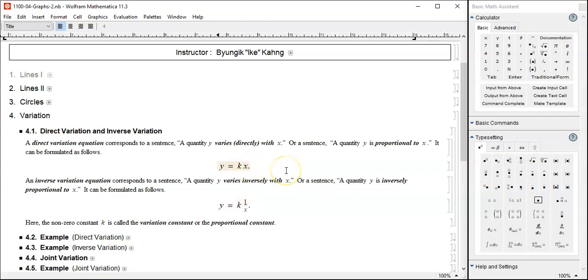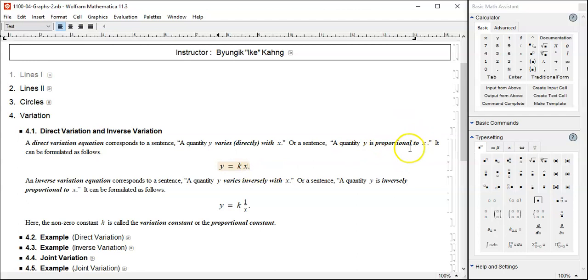This one here, the direct variation equation, corresponds to these kind of sentences. A quantity y varies directly with x, or simply, skipping this directly part, y varies with x. Or y is proportional to x. Proportional directly to x? That's overkill. I've never heard anybody saying that.